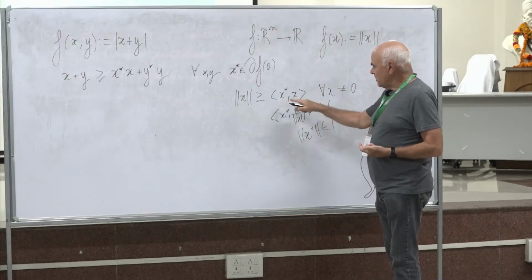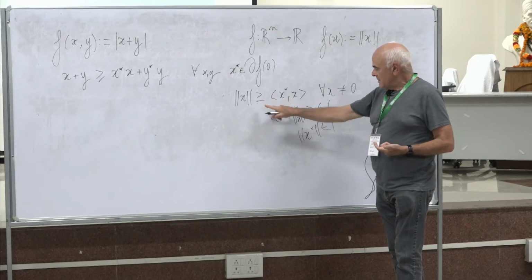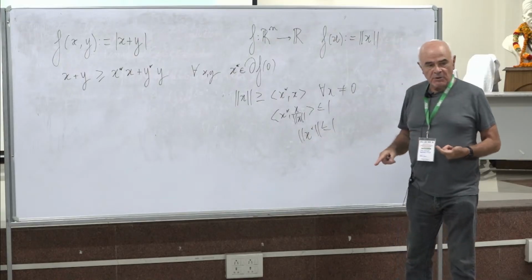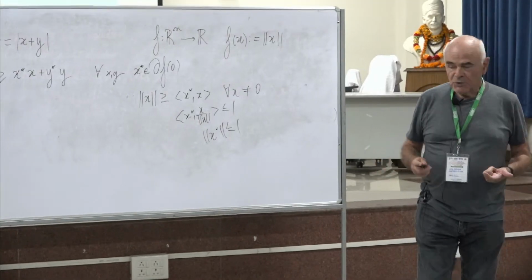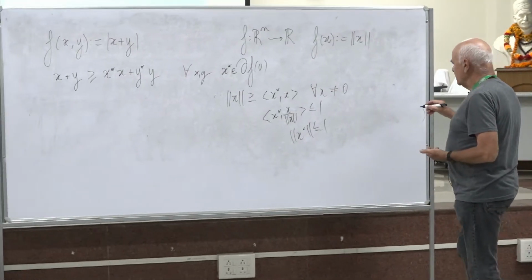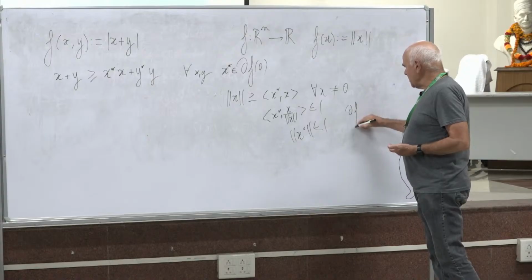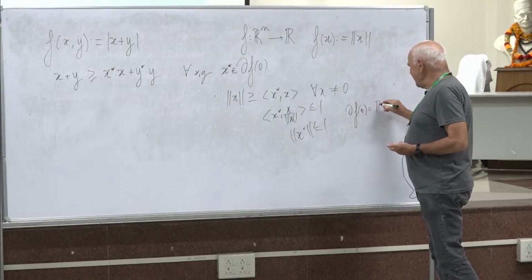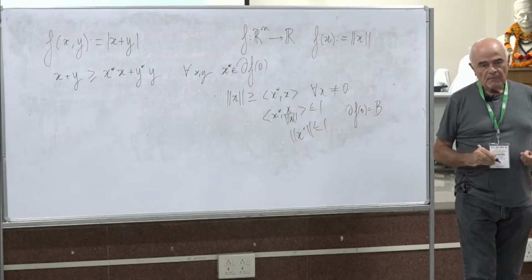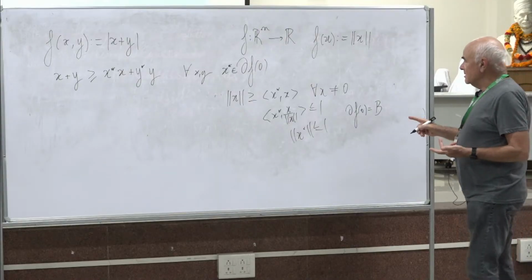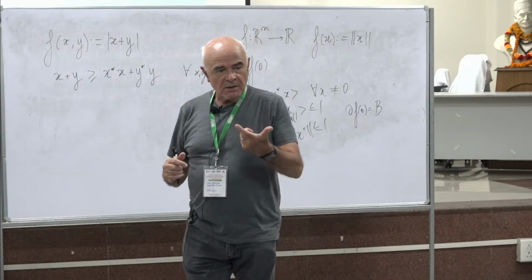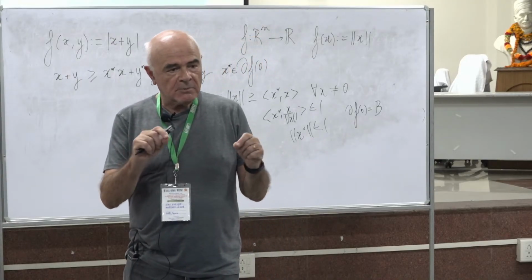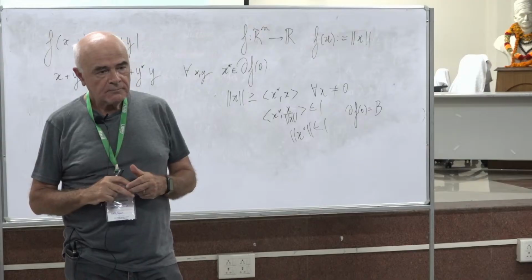In the opposite direction, this is satisfied if the norm of x star is less than or equal to 1 by the Cauchy-Schwarz inequality. So the conclusion is that the subdifferential of the norm at the origin is the unit ball, of which the case I mentioned this morning is a particular case, because for one variable, the unit ball is the interval minus 1, 1. Okay?